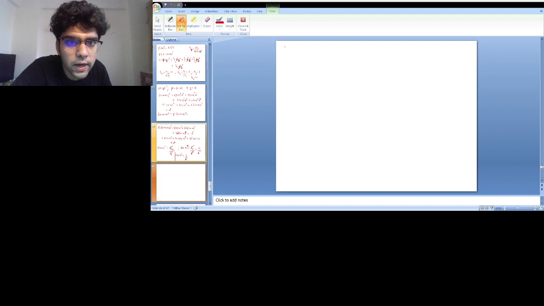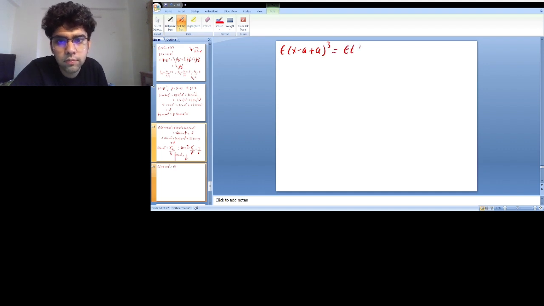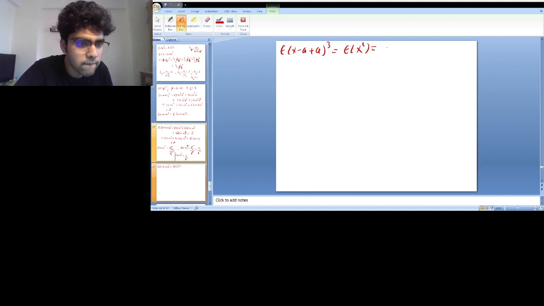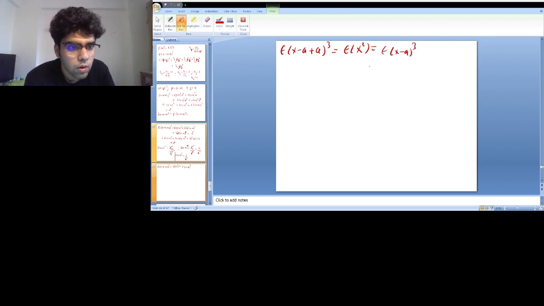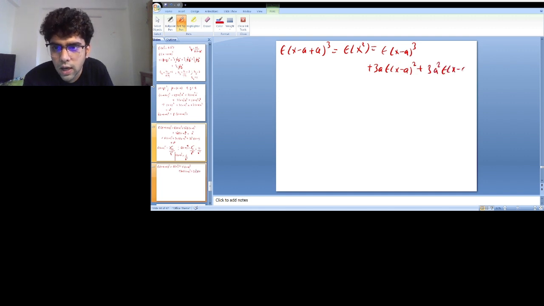So for finding E[X cube], essentially we write X as (X minus a) plus a, cube, so E[X cube] is equal to E[(X minus a) cube] plus 3a E[(X minus a) square] plus 3a square E[X minus a] plus a cube.